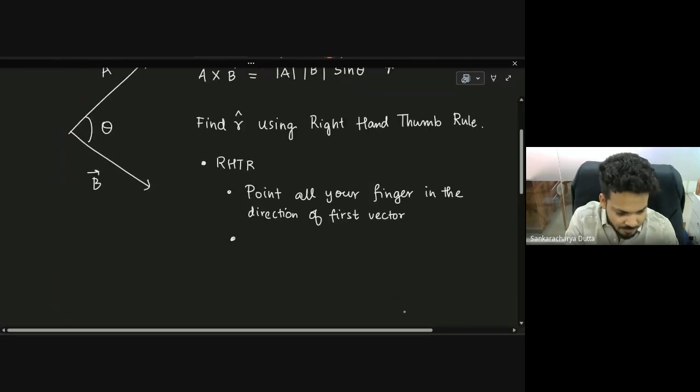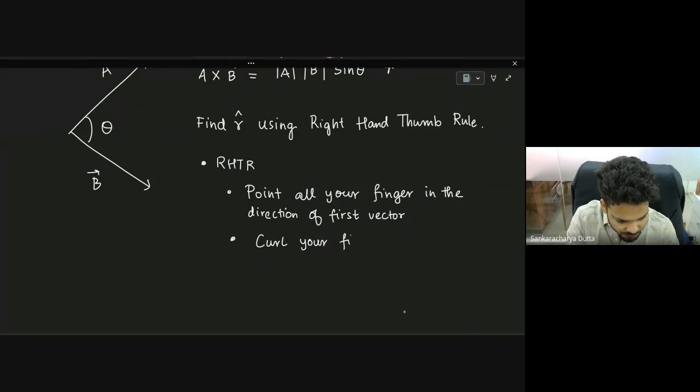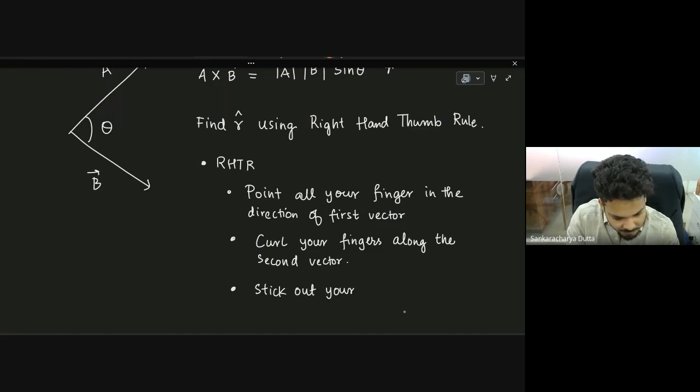Second step, curl your fingers along the second vector. Third step, stick out your thumb, and that is the direction of your product.